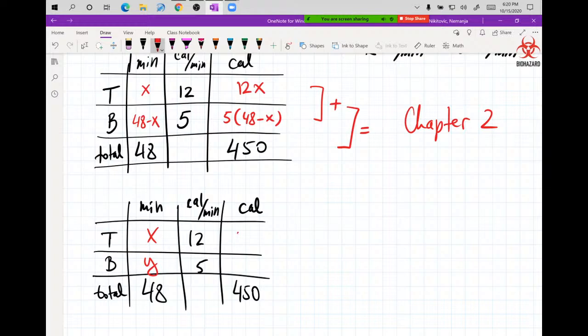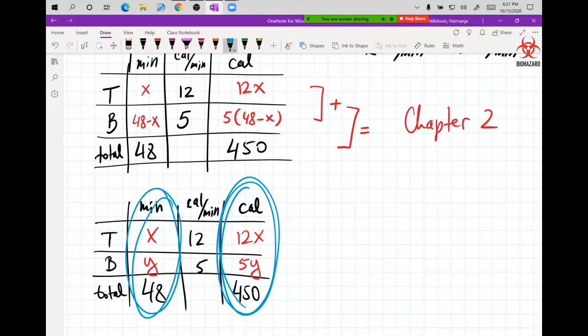So altogether, this is just 12x, and this is 5y. If you look at these two columns here, they give you equations. There is x plus y equals 48, and 12x plus 5y equals 450.